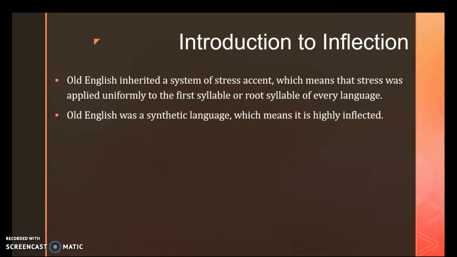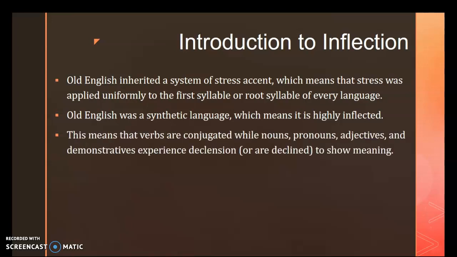Old English, like other Germanic and PIE languages, was a synthetic language, which means it was highly inflected. This means that verbs are conjugated while nouns, pronouns, adjectives, and demonstratives experience declension or are declined to show meaning.